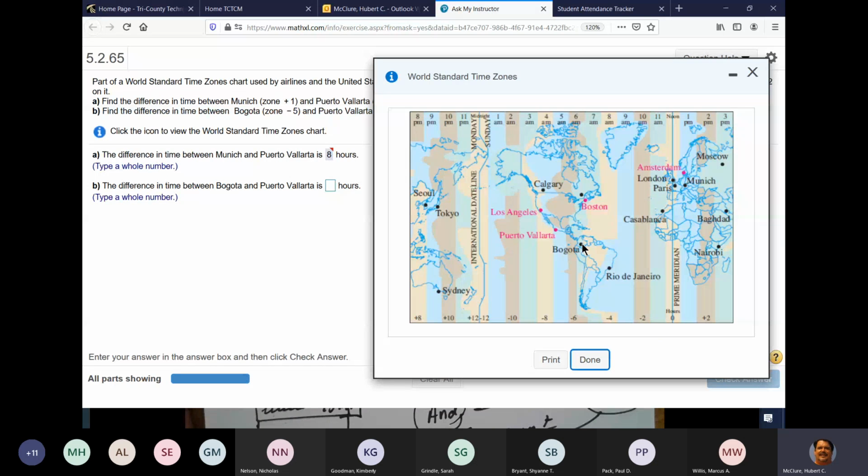Yeah, it's -5. Right now, I'm putting a ruler on my monitor. They have it written in the problem. It is -5. Oh, okay, I didn't see it. All right. What's the distance between -7 and -5? 2. So 2 hours.